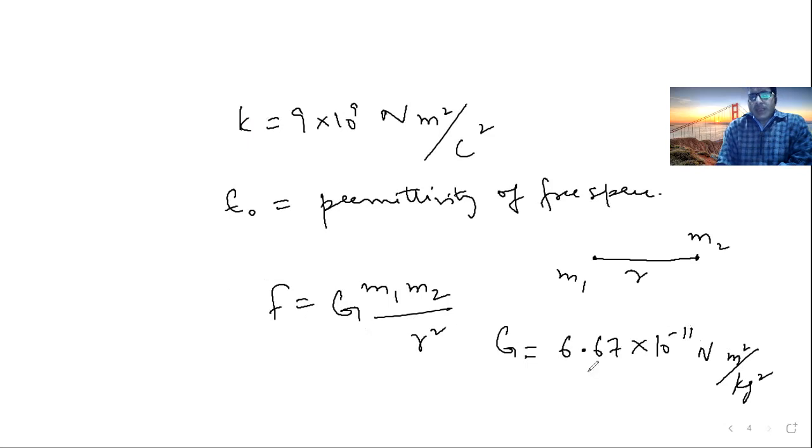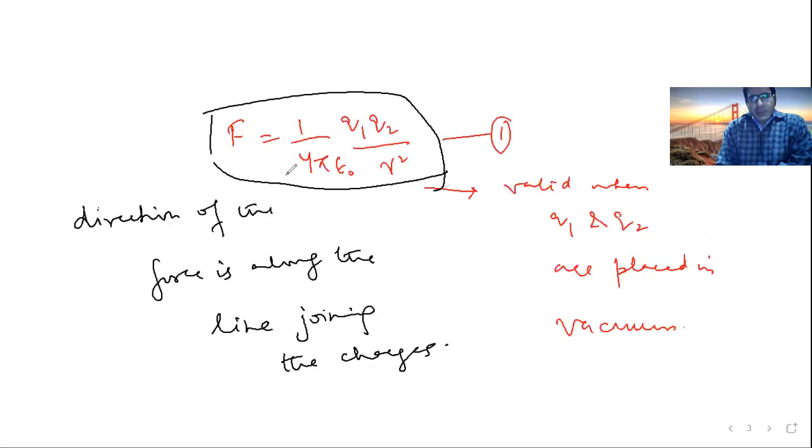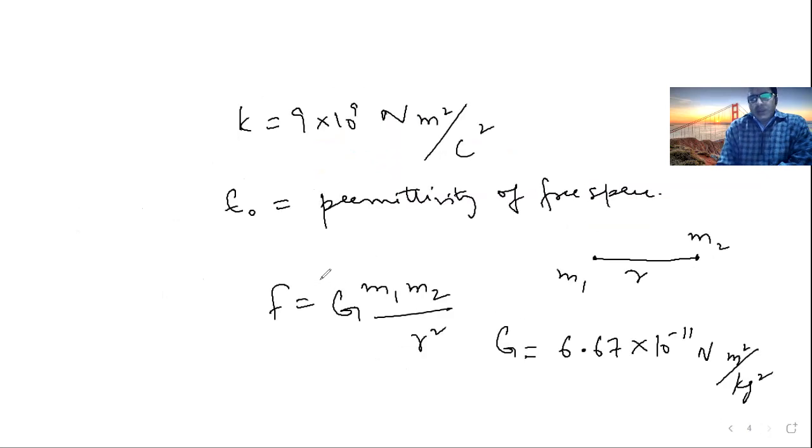Now, what are the similarities between this and electrostatic force? One similarity is that here the electric force is directly proportional to the product of the charges. Here it is directly proportional to the product of the masses.